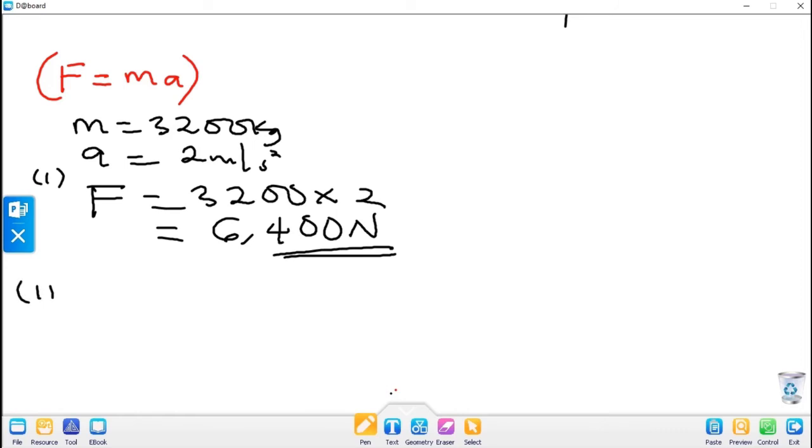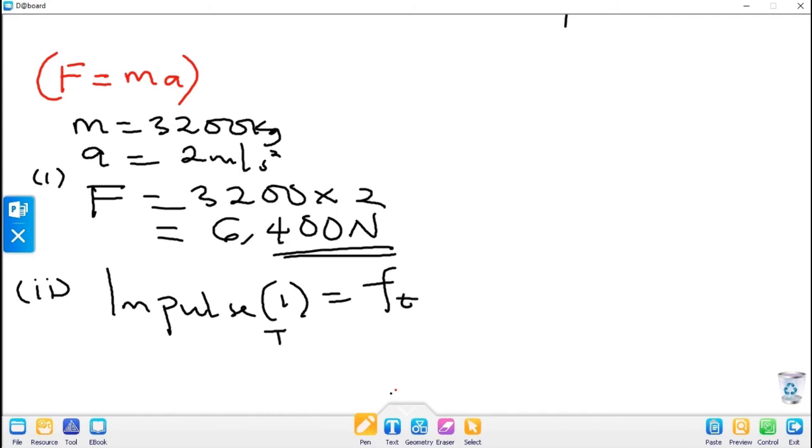That's the first question. The second question, we're asked to find the impulse. Our impulse I, from our definition of impulse, I is equal to Ft. That is, our I, which is impulse, is equal to force times time.